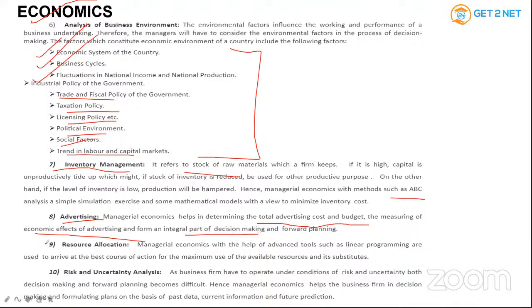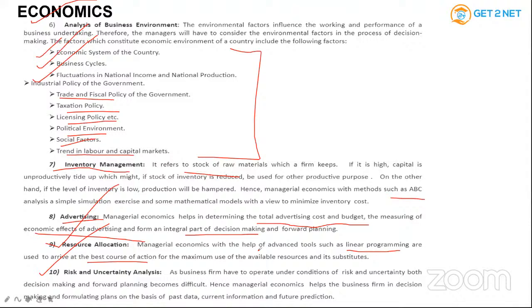Now, when we talk about resource allocation, it is said to be the optimum utilization of resources. Now, how is it done? With the help of linear programming. We are selecting the best course of action. Next is risk and uncertainty analysis. What is the risk?